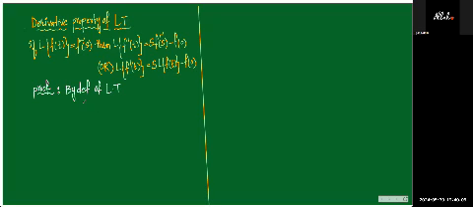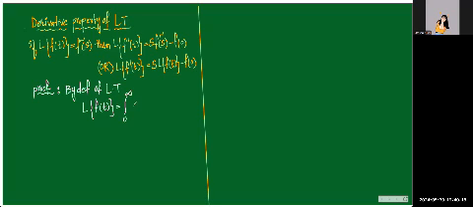That definition is L of f of t is equal to the integral from 0 to infinity of e power minus st into f of t dt. Now we are going to prove for f dash of t value.